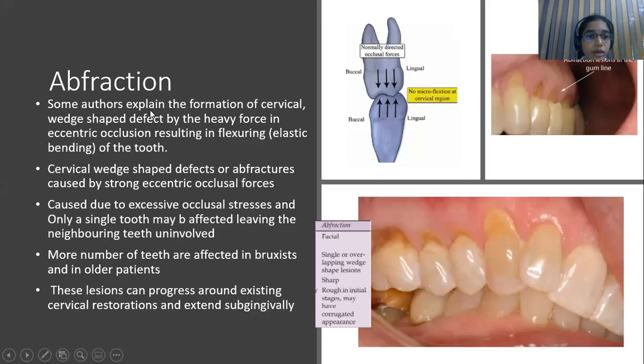Some authors explain abfraction as a formation of a cervical wedge-shaped defect by heavy force in eccentric occlusion, resulting in flexuring or bending of teeth. So abfraction is a wedge-shaped defect present in the cervical region.